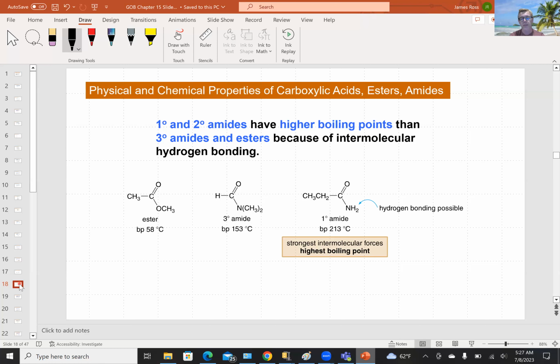So the tertiary amide in the middle cannot hydrogen bond with itself, but it could form hydrogen bonds with something that did have an eligible hydrogen, like water. So that's not what's causing its physical properties to be high here. We're assuming it's just interacting with itself. It will just form dipole-dipole forces, and they will just be stronger than the dipole-dipole forces made by the ester on the left. So that's what we can see.